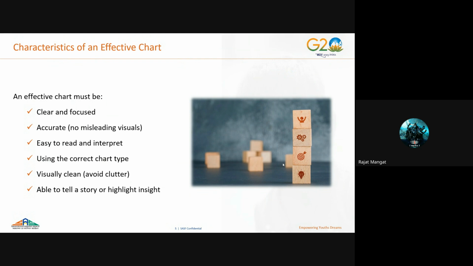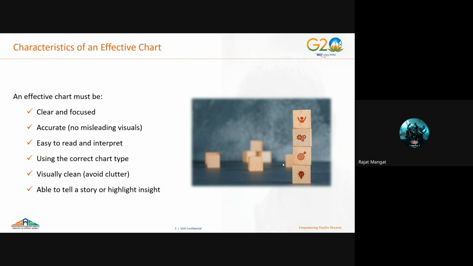Using the correct chart type, this is very important. Okay, there are very different types of charts, like bar chart, line chart, pie chart, scatter plot. But which chart you have to use depends on your understanding.